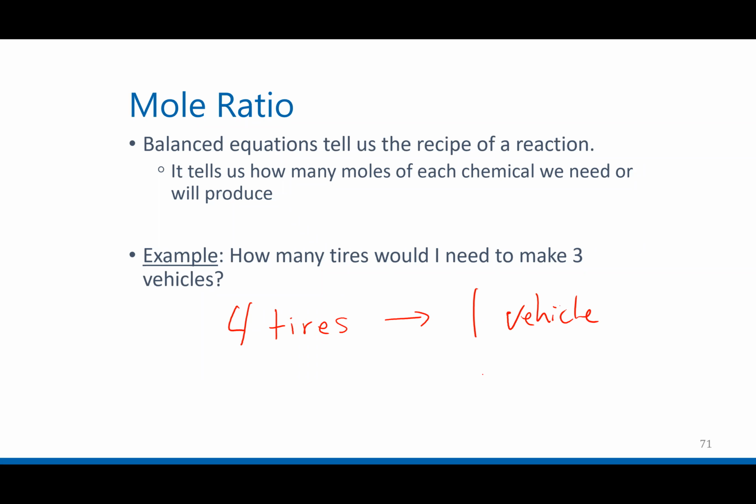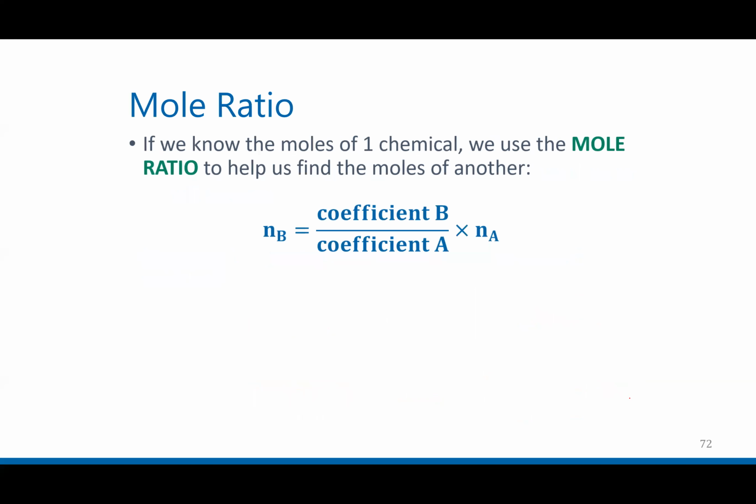If I wanted to make 3 vehicles, how many tires would I need? Well, I multiplied the products by 3, so I'm going to multiply the reactants by 3, and I would need 12 tires. This is a bit of a weird example, but it does kind of explain how balanced chemical reactions can tell you the ratios, the amounts of chemicals you need.